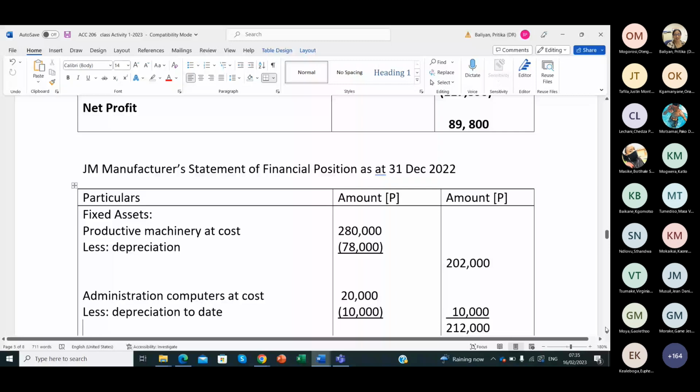But if it is just drawing, not the drawing of inventory, then we only account for it in the statement of financial position.